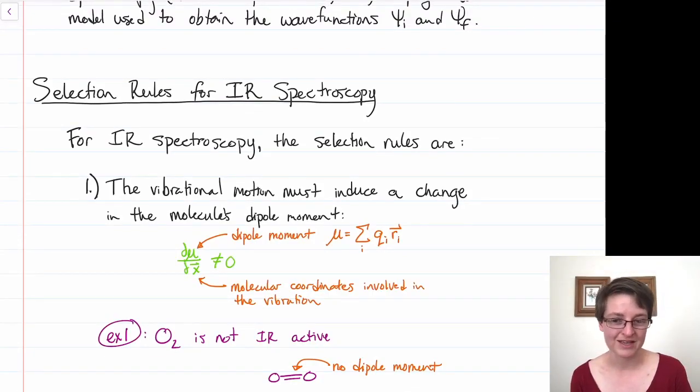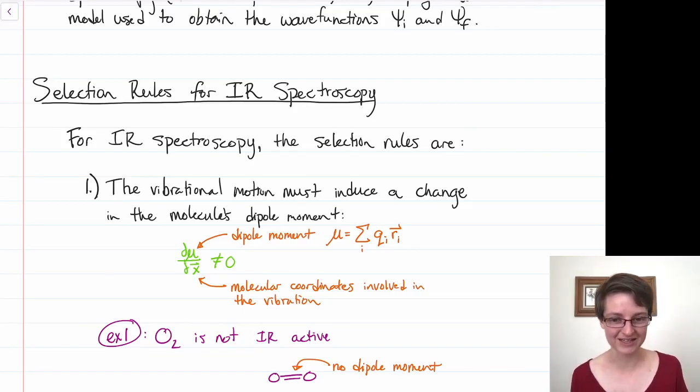Our first example is going to be O2. It turns out that vibrational transitions in O2 are forbidden transitions. In other words, O2 is not active in the IR, and you would not observe any peaks associated with an oxygen molecule were you to perform a spectrum of that molecule in that vibrational region.